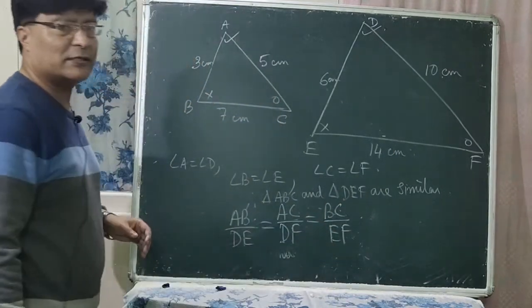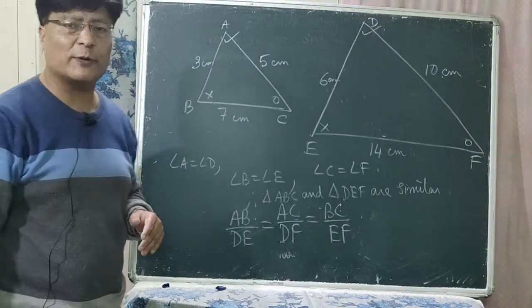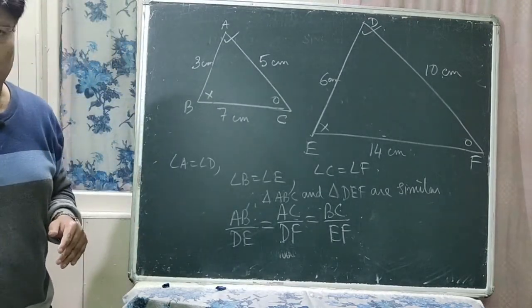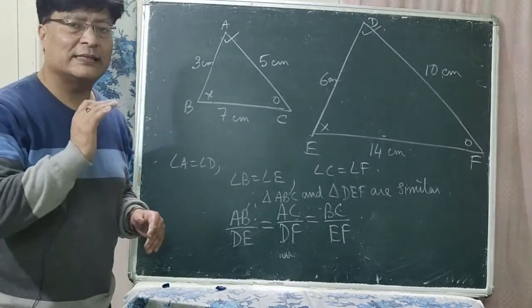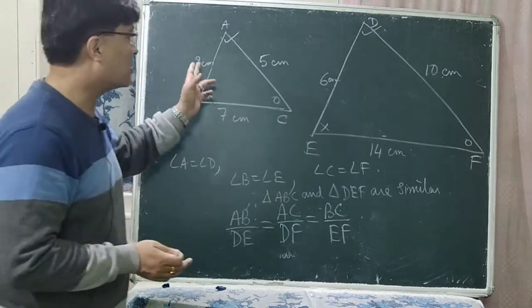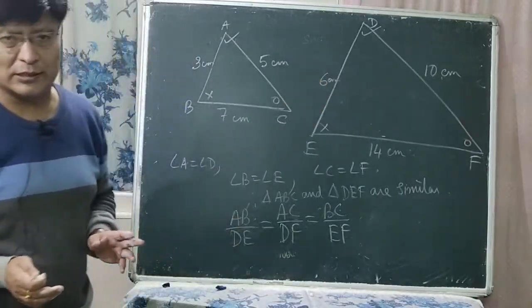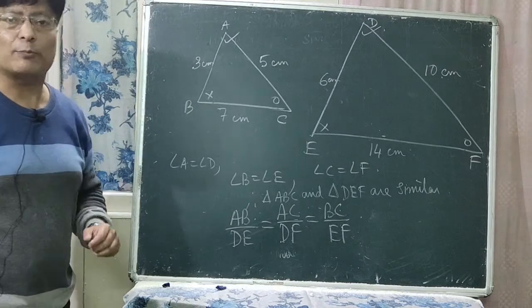That means the ratio of their corresponding sides are equal. That is why it is said they are proportional. Their corresponding sides are proportional. So how are they proportional?